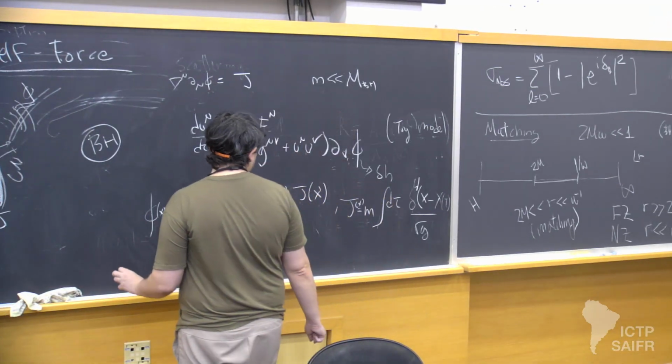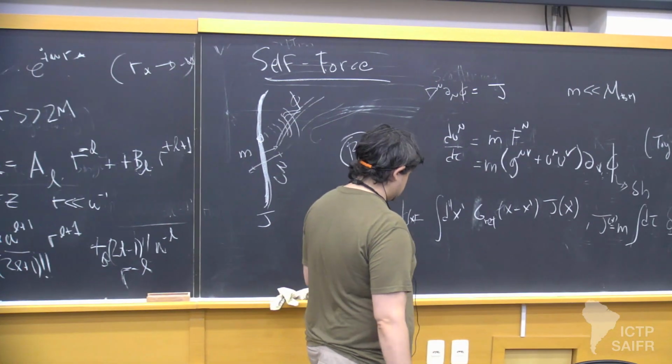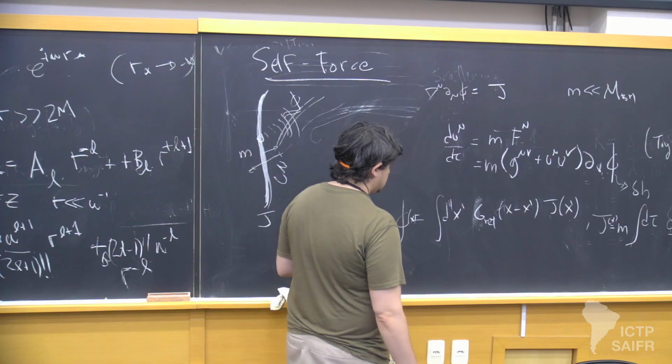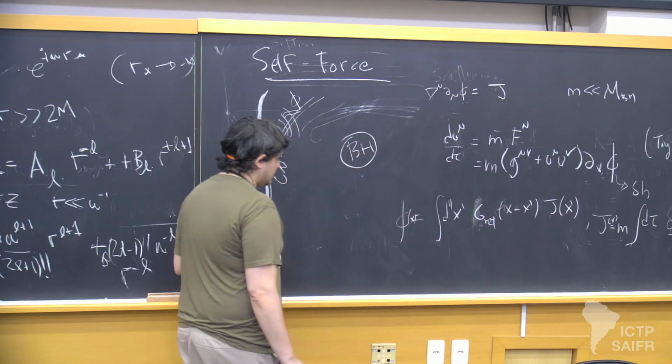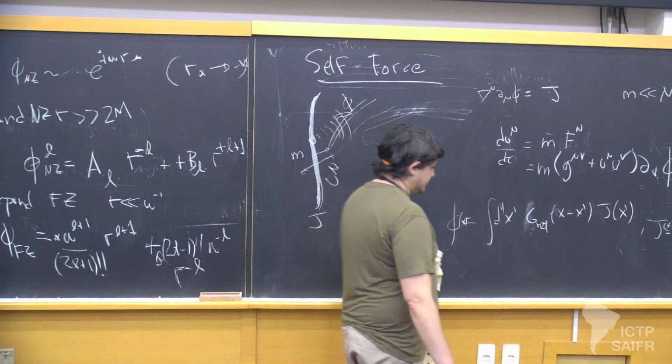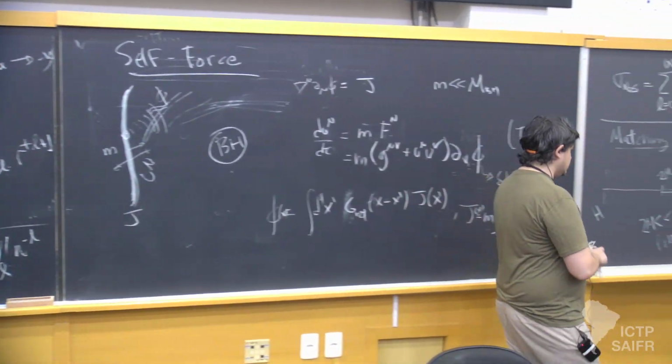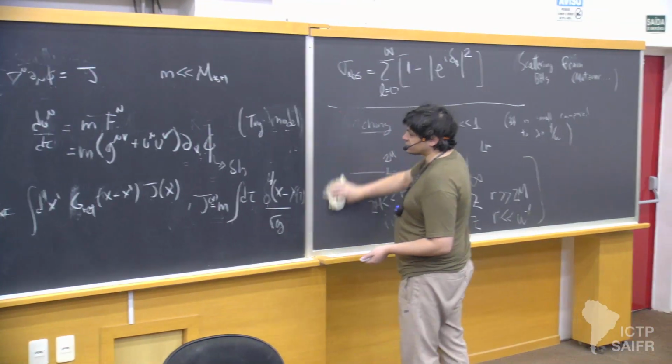So now, what you can do is you can put this equation in here. But first, let me just briefly discuss what the retarded propagator looks like in this space.